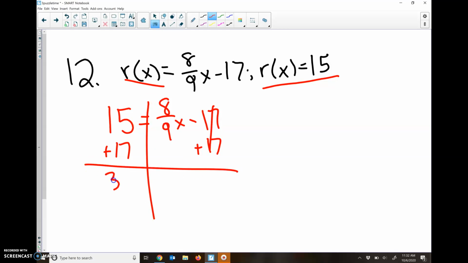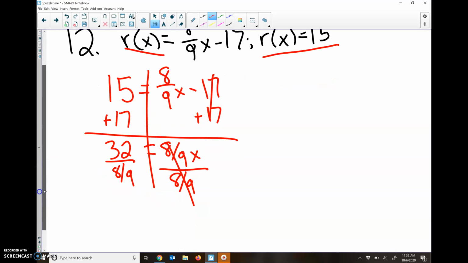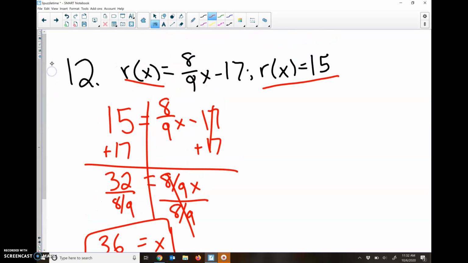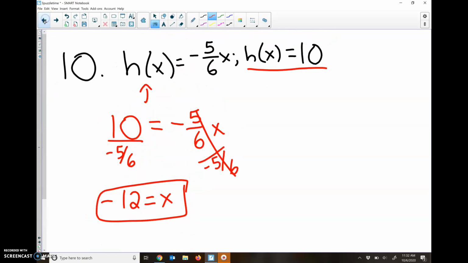So I end up with 32 equals 8/9 x. And then I'm going to divide both sides by 8/9. 32 divided by 8/9 ends up giving me 36. So x equals 36.